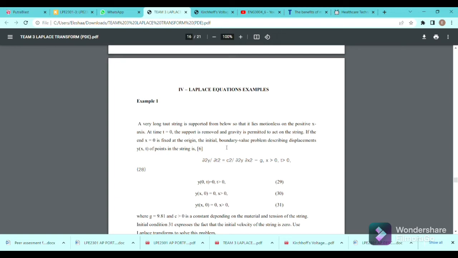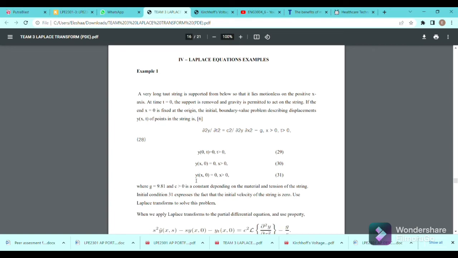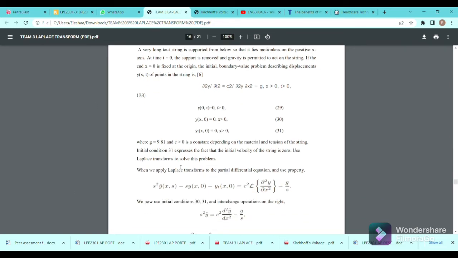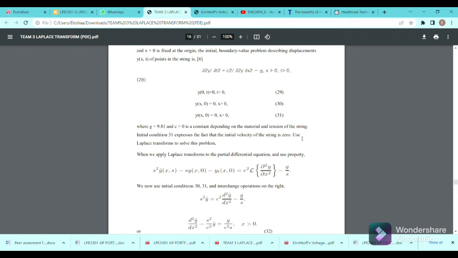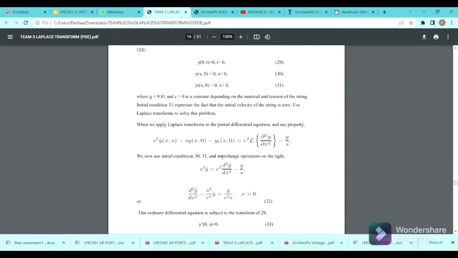the boundary value problem describing displacement, coordinate x and t, of a point in the string is as follows. So we have these three conditions. When we apply the Laplace transform to the partial differential equation and use the property, the equation is this.